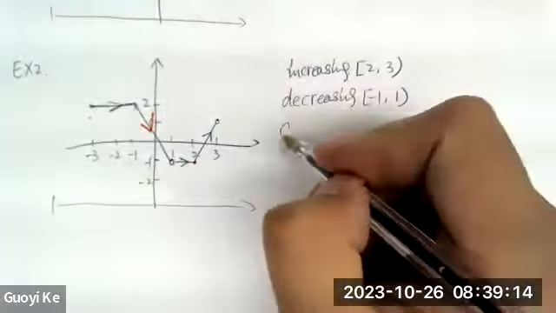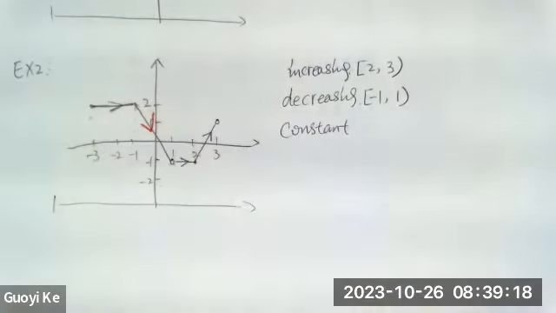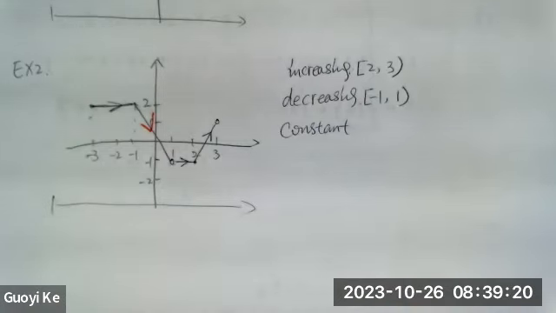And the constant, here we have constant because we have a horizontal arrow. We have two parts. One part is here, the second part is here.